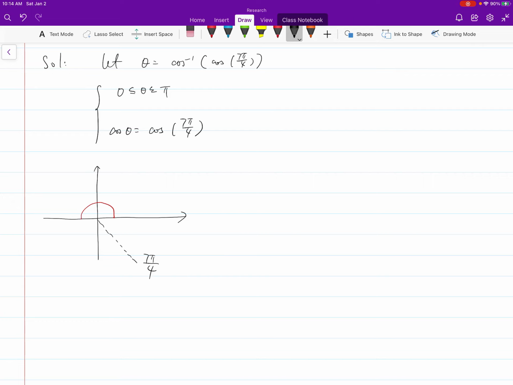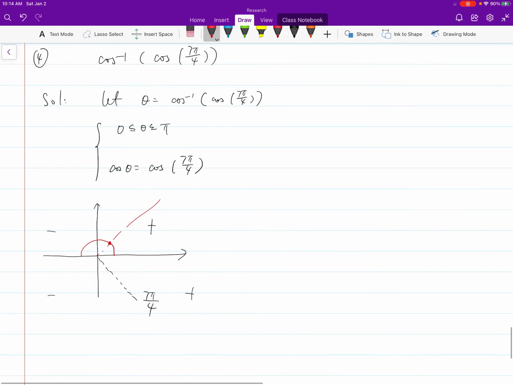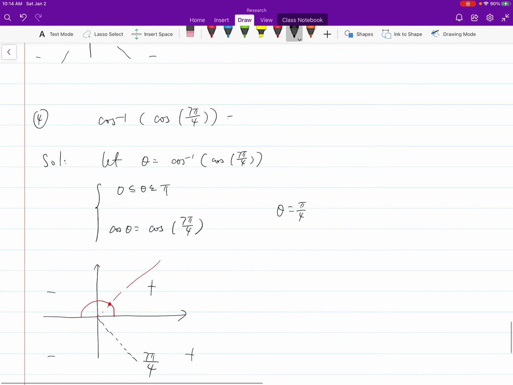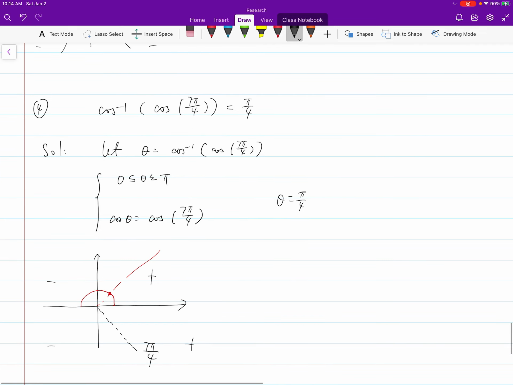Okay, you want some angle which belongs to here that produces the same cosine value as this. For cosine, we see this will be the angle you're looking for, and that should be pi over 4. Okay, so that's one more type of problem we can solve which we could not do before.